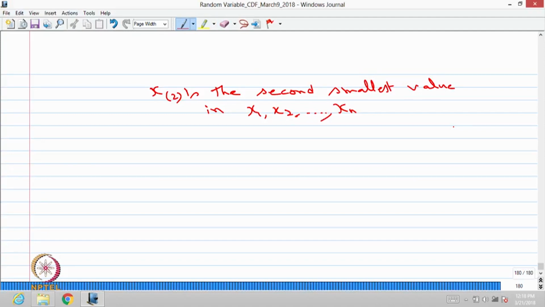Similarly, x bracket n is nothing but the maximum of x1, x2 and so on till xn. That is the difference between x subscript i and x bracket i. Fine.